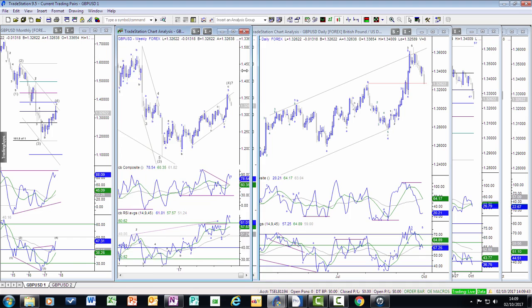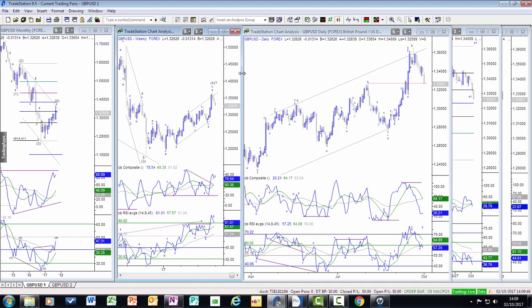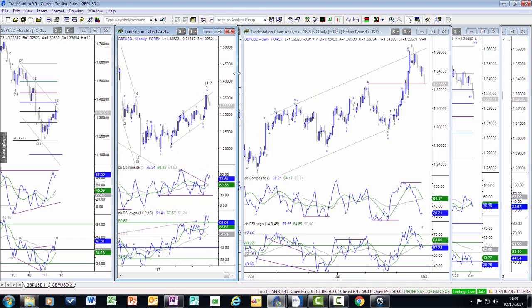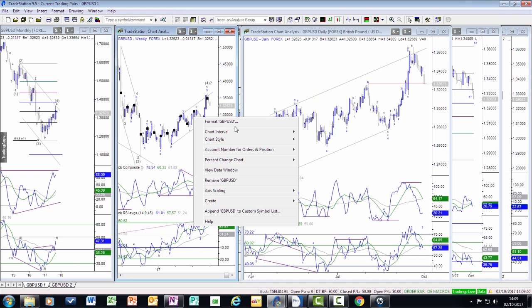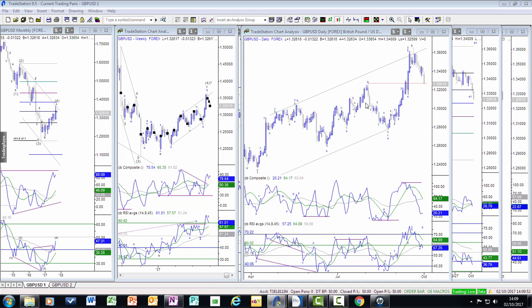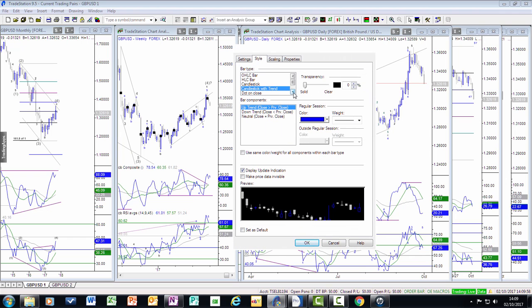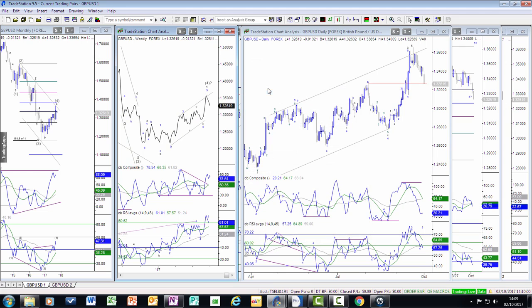And what makes that much clearer is if I just take this candlestick chart and put that to a line on close. My system's going to catch up with us. There we go. So this is the 5-wave decline.